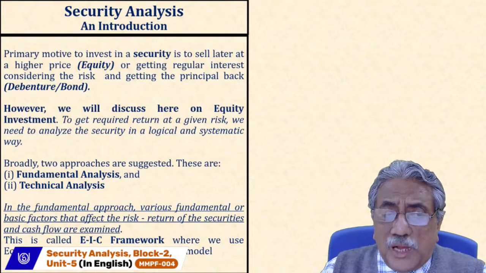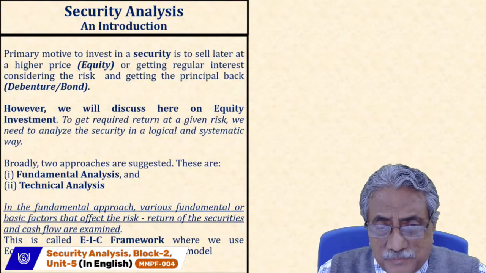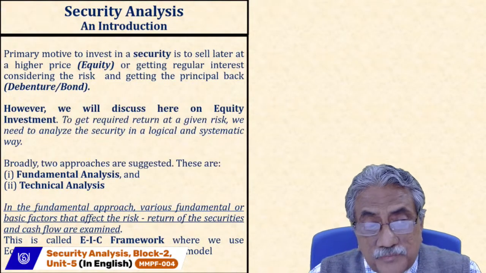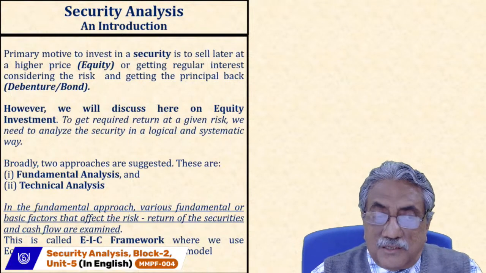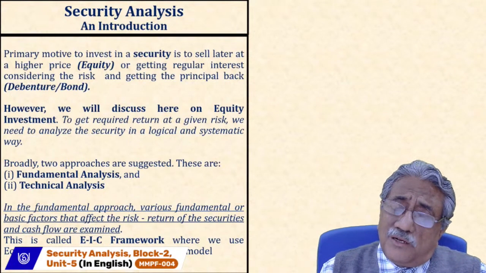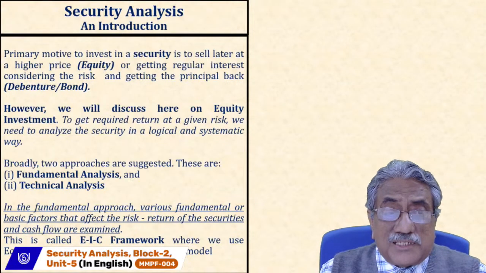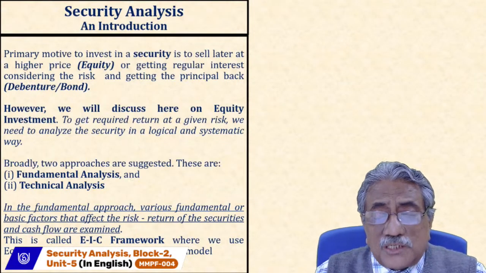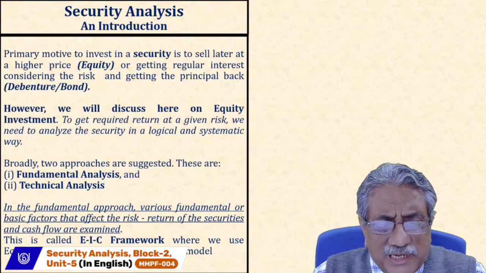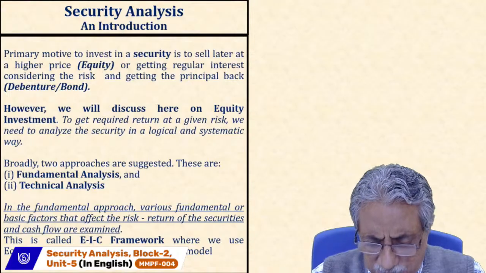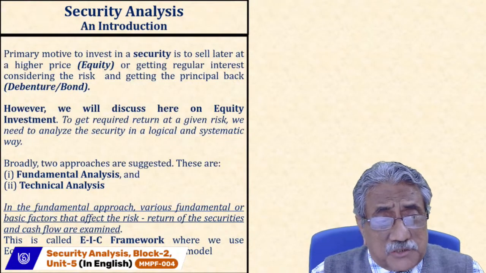Now, broadly, there are two approaches suggested. These are fundamental analysis and technical analysis. Now, if I go back to the fourth unit of the last session, we talked about the efficient market hypothesis.